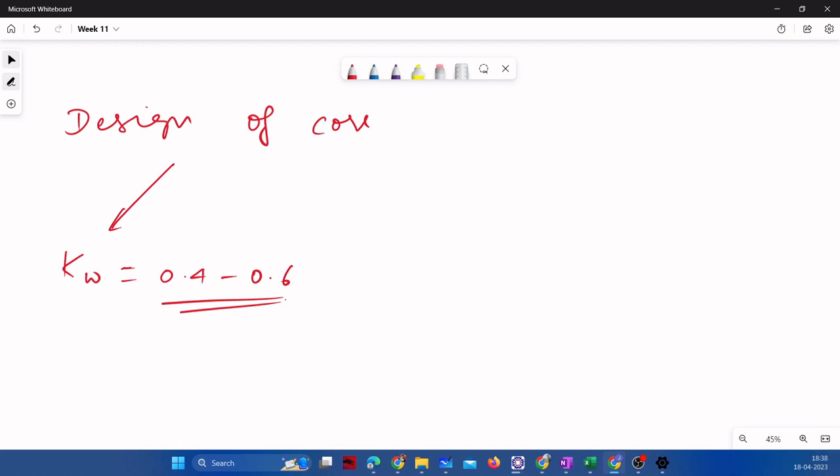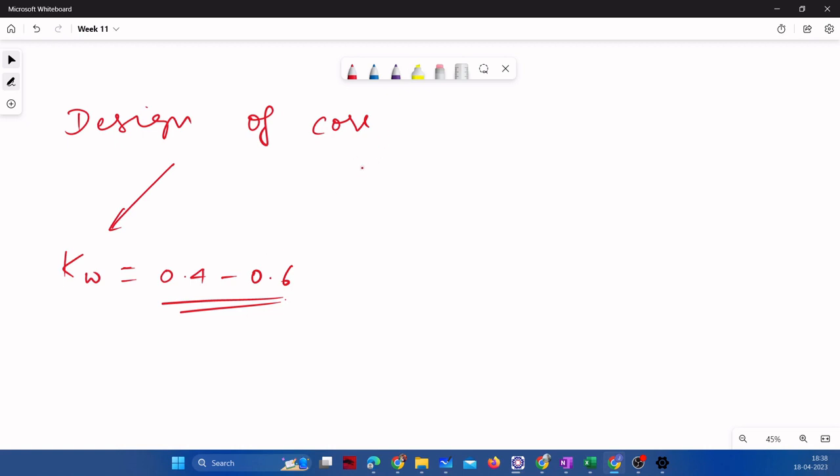Otherwise, if it is poor craftsmanship, then he will be going towards 0.3 or 0.4 utilization of the window area. Okay, so how good the winding design is will enhance the window area factor.